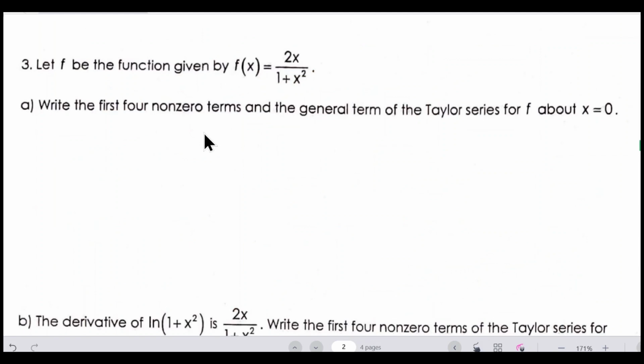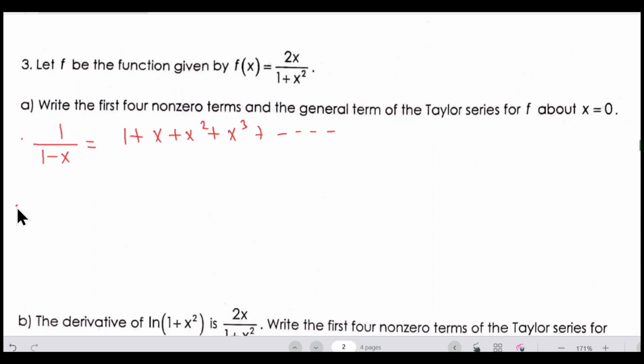Right, over here we have to write the first 4 non-zero terms and a general term of the Taylor series of f about x equals 0, which is basically the Maclaurin series. I'm just going to use the same concept of 1 over 1 minus x is given by 1 plus x plus x square plus x cube and so on.